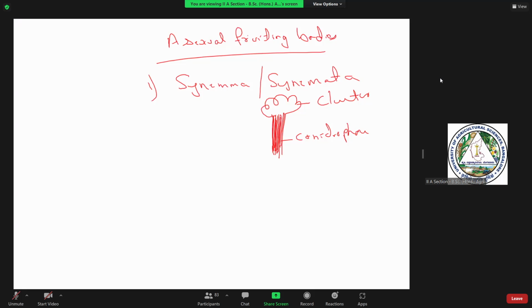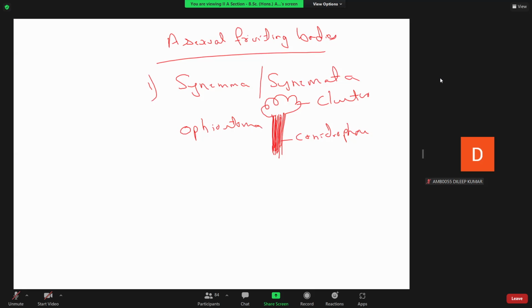The example for this type of asexual fruiting body, the synnema, is Ophiostoma.